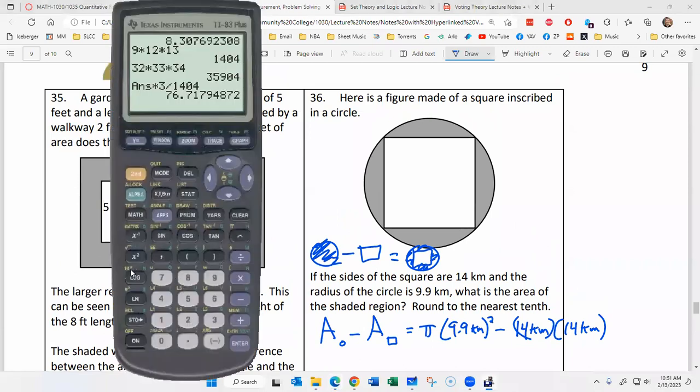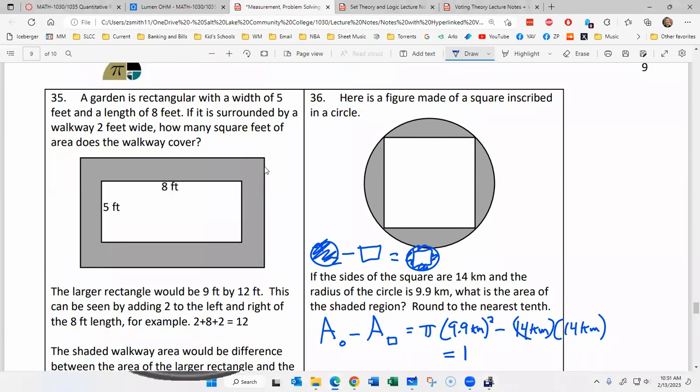This is just basically a calculator problem now. You should have a pi button on your calculator, so make sure to use that. And 14 times 14 is just 14 squared. 111, rounded to the tenth, 111.9. And this would be square kilometers.